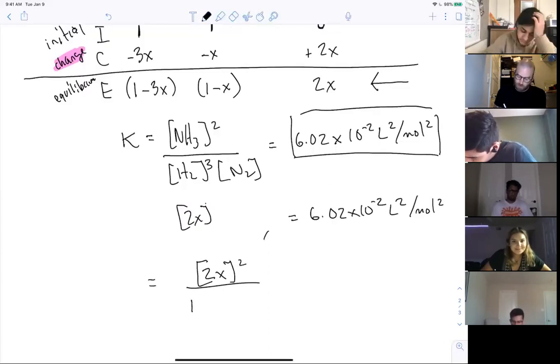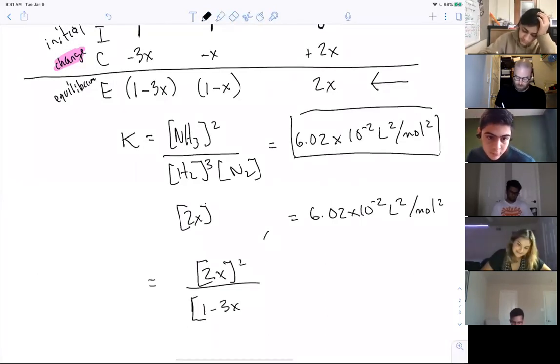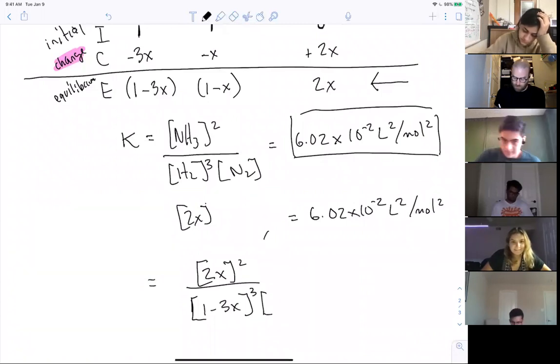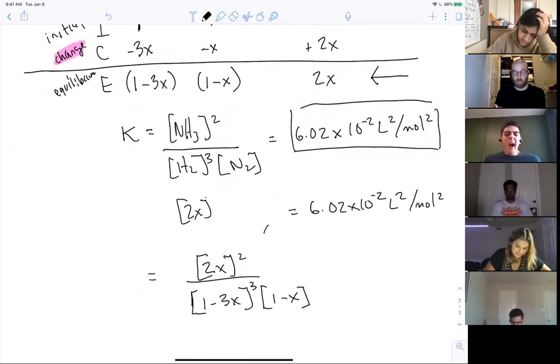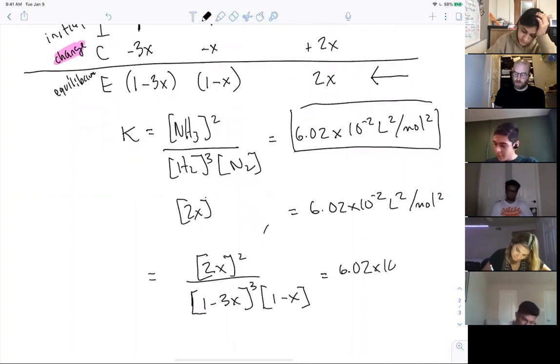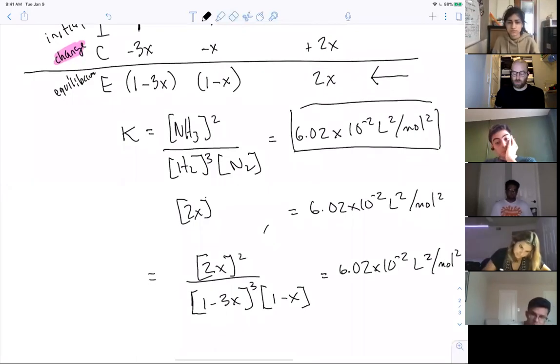So that's squared. Yeah, I think we're good. And so then that is equal to 6.02 times 10 to the minus 2 liters squared per mole squared.